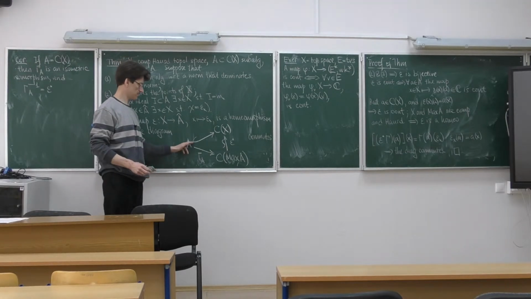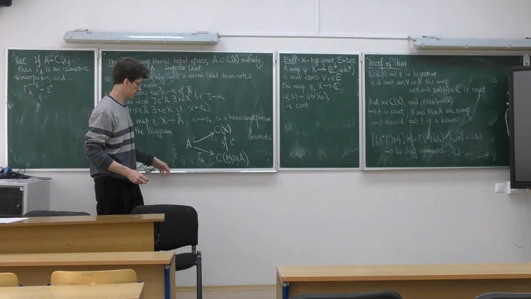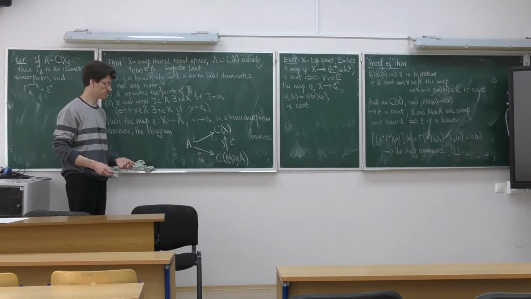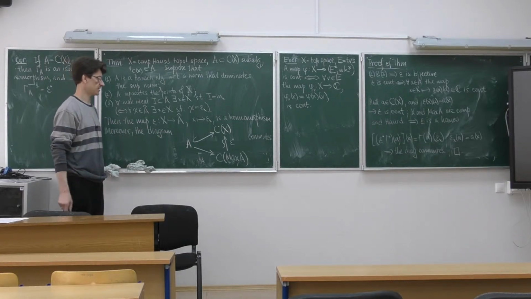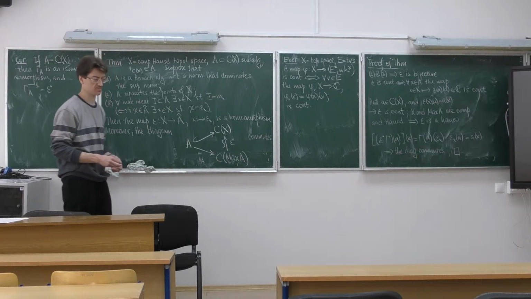Because in this case, this arrow is just the equality. So epsilon dot composed with gamma is the identity map. And since epsilon dot is an isometric isomorphism, we conclude that gamma is also an isometric isomorphism.